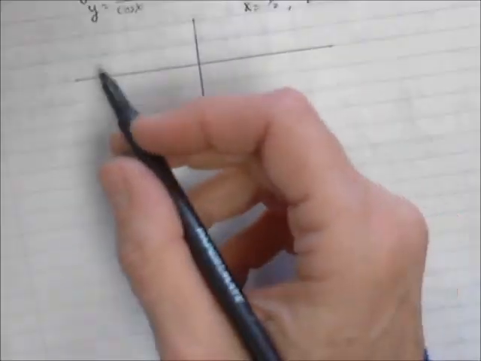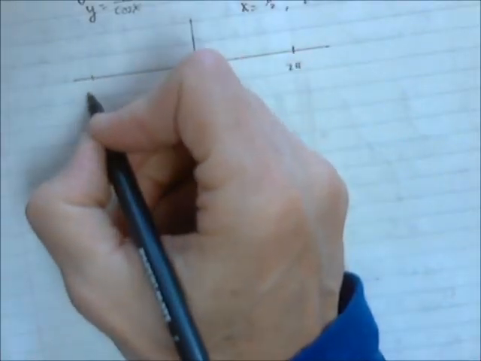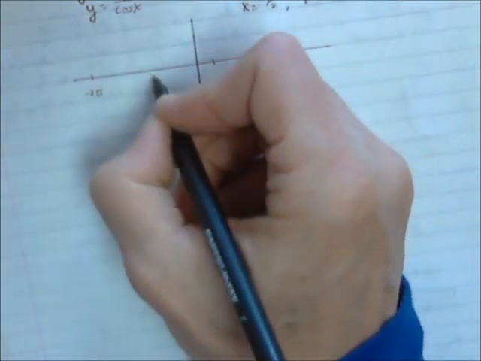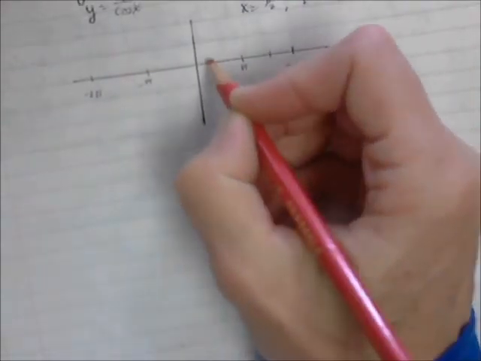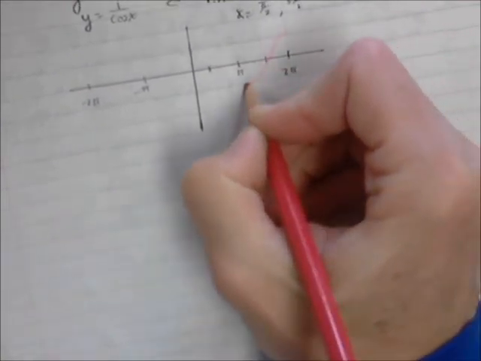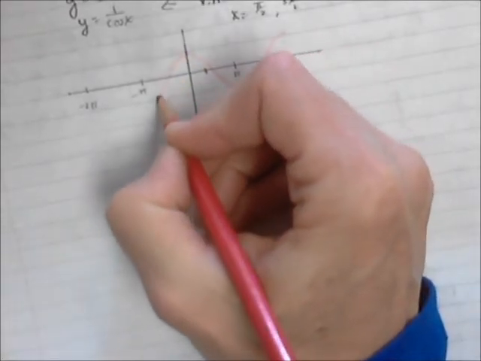One way to start out drawing a secant graph is to just lightly draw a cosine graph first. So we'll go out to 2 pi. And I think I'll graph lightly the cosine of x graph in red. We can get an idea of what the reciprocal graph would look like.